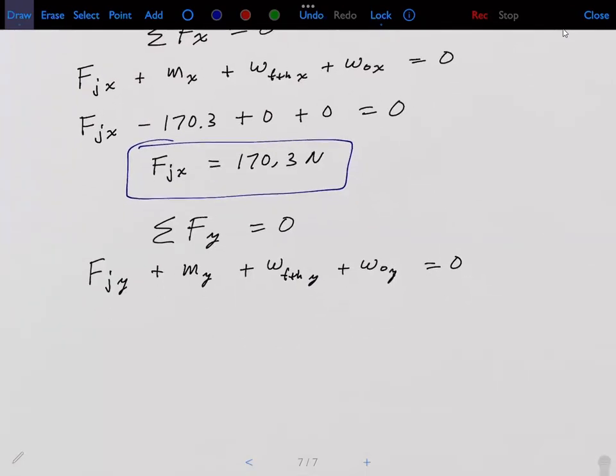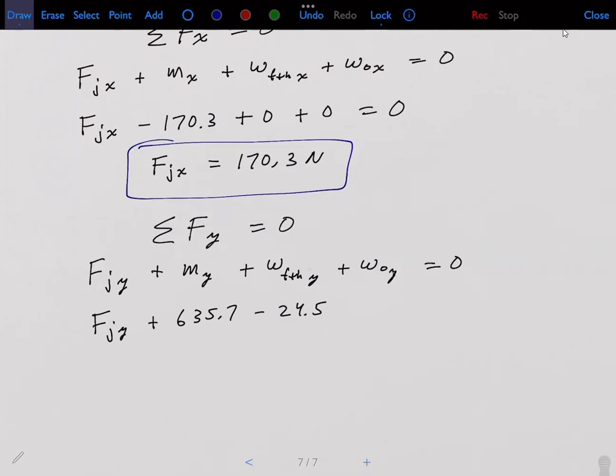That's got to equal 0. So the Y component of the joint force is just FJY. The Y component of the muscle force is positive 635.7. The Y component of the weight of the forearm and hand is minus the weight of the forearm and hand, which is what, 24.5? Yeah. So minus 24.5. And then the weight of the object was 49 newtons, right?